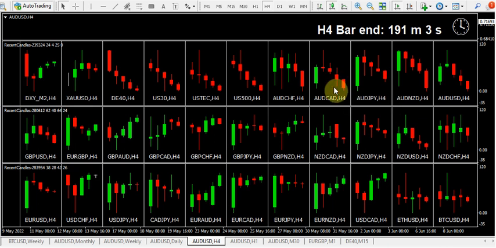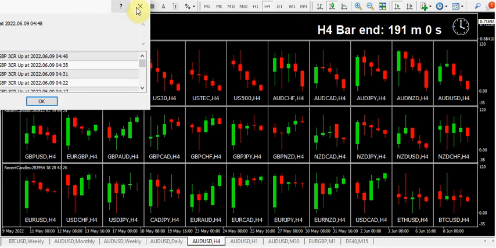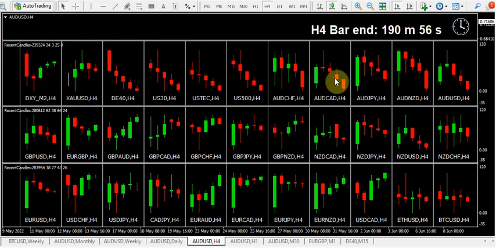So we've got an hour of downward movement on this Aussie CAD and Aussie US dollar, and we've had 3 4-hour candles and the 1 hour roughly of this new candle of a downtrend. Lower high, lower low, lower high, lower low, and so on and so forth.